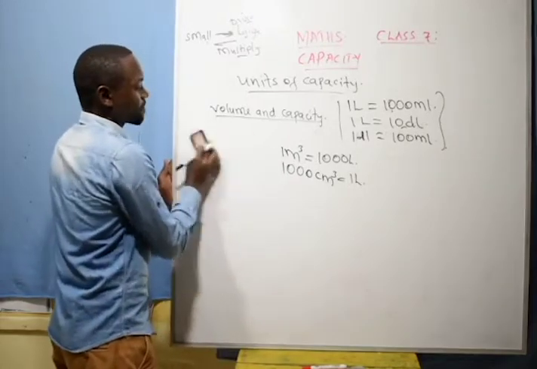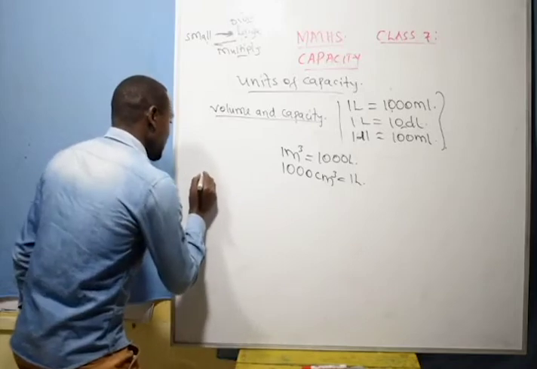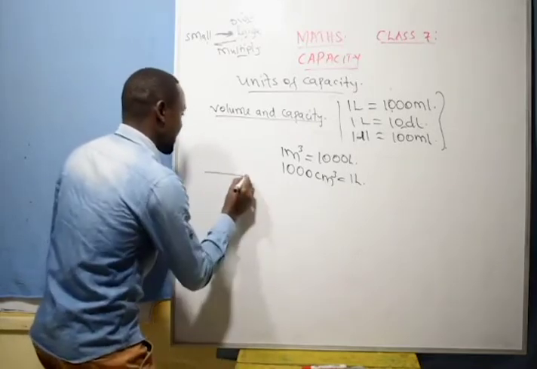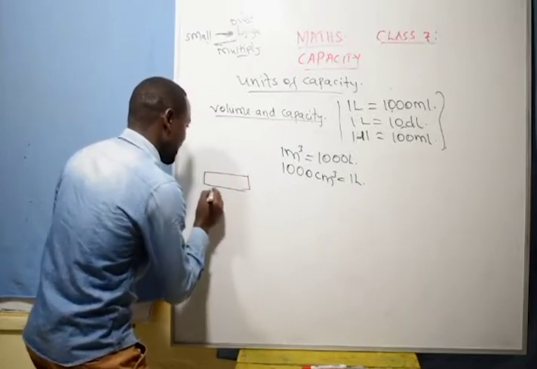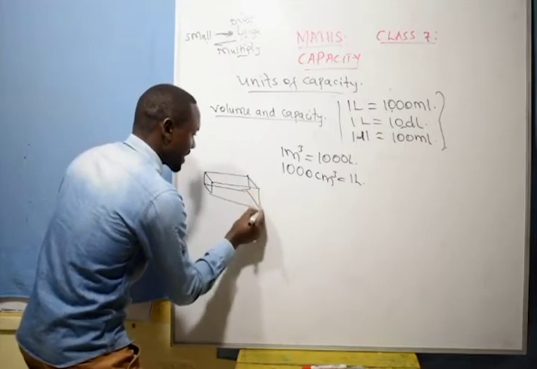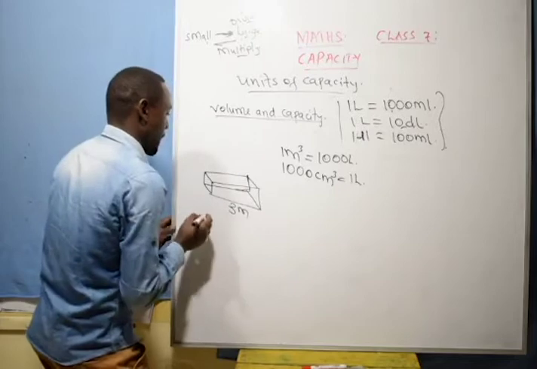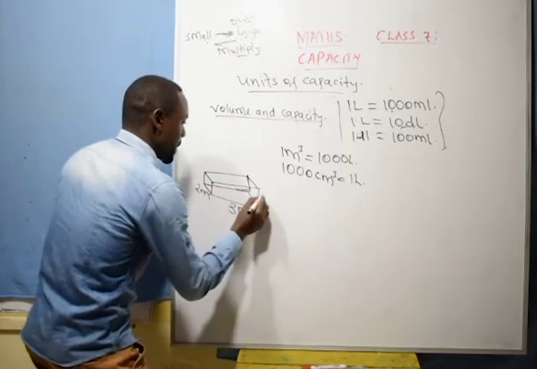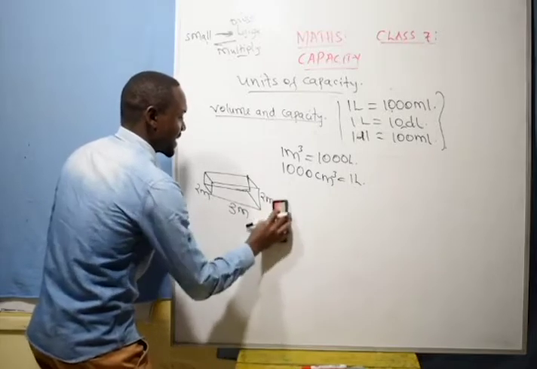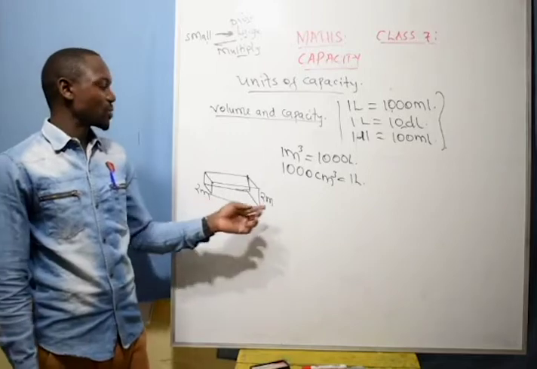Suppose we are told a rectangular water tank measures 3 meters long by 2 meters wide by 2 meters high.